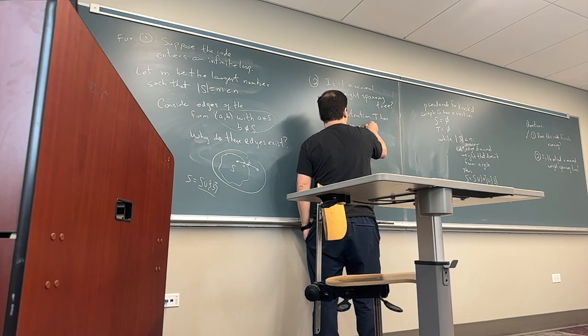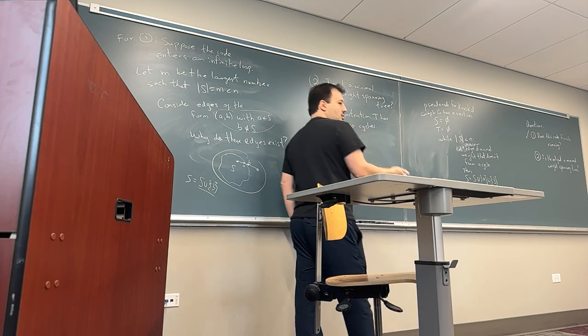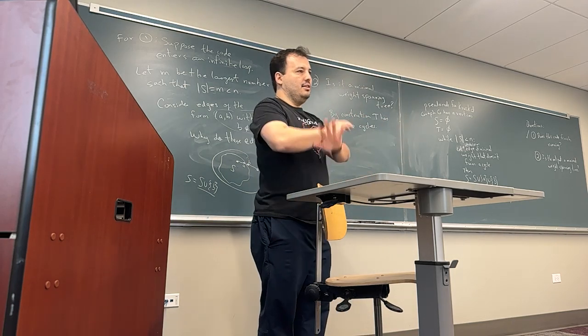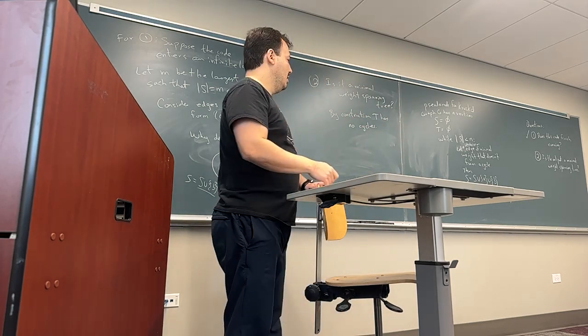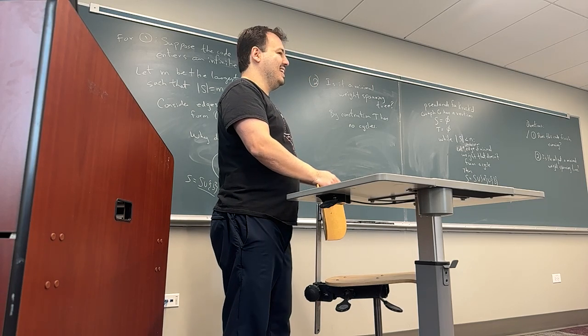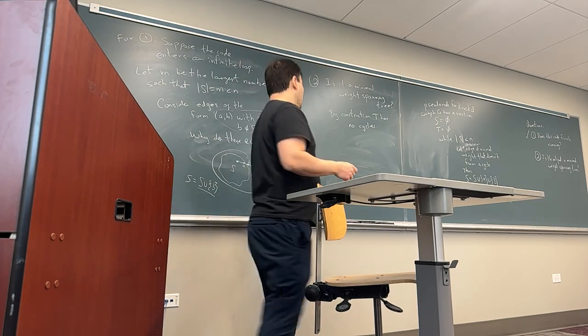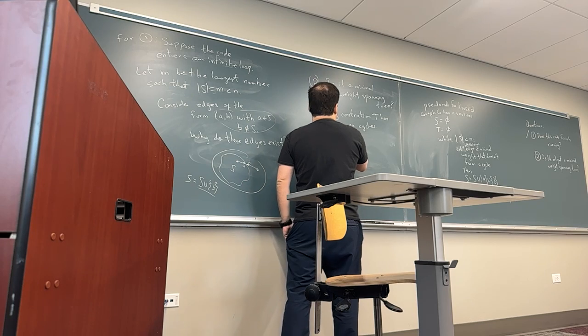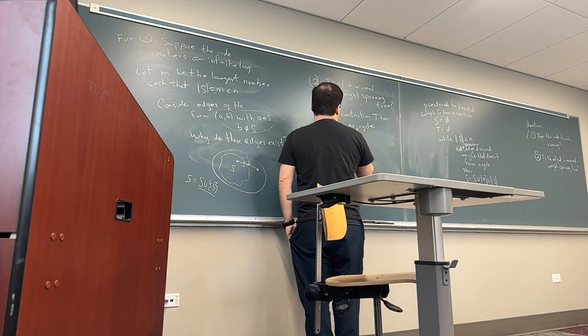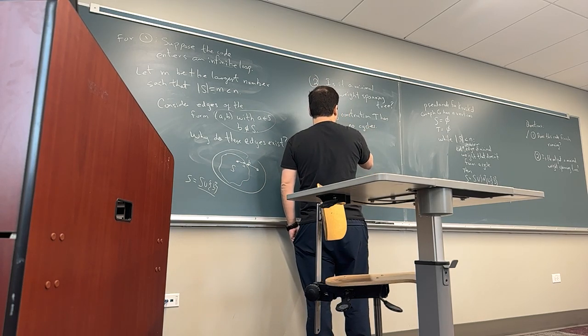We only added an edge if it avoids a cycle. So whatever you have at the end has no cycles. That's a good sign. The next question is, is it connected? Well, let's not add connected yet, but is it spanning?